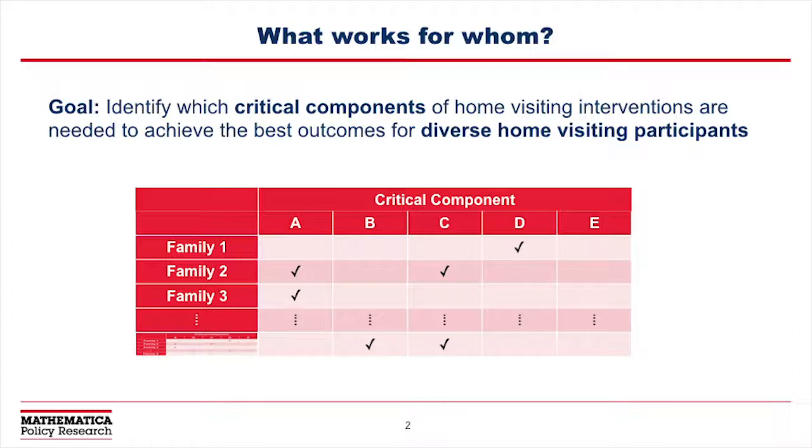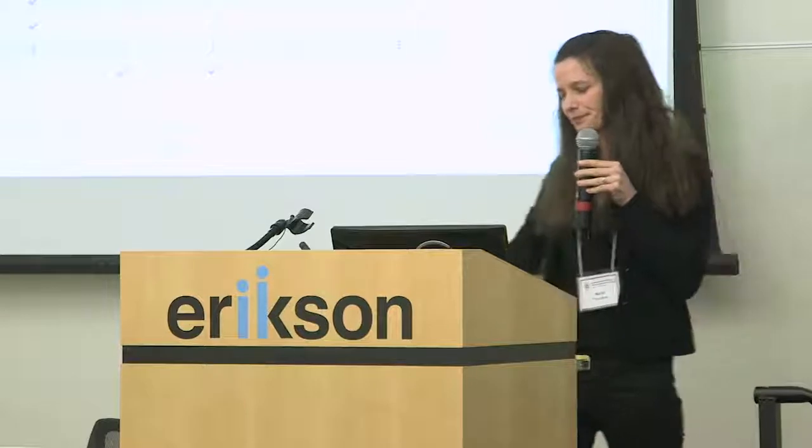You can see maybe family 1 up there in the top is the type of family that really benefits the most from critical component D, whereas family 2 needs critical components A and C together to get the best outcomes. So the goal of my presentation today is to describe a design that I think can answer this type of question, can identify what works for whom in this way, faster and cheaper and more effectively than a standard randomized control trial would let us do.